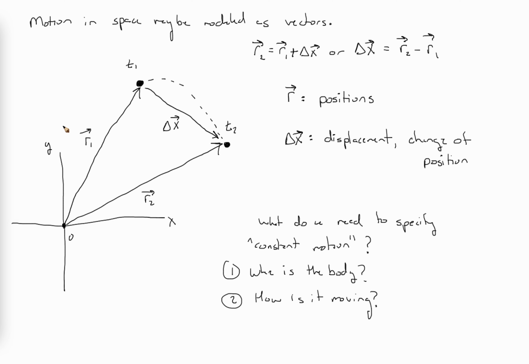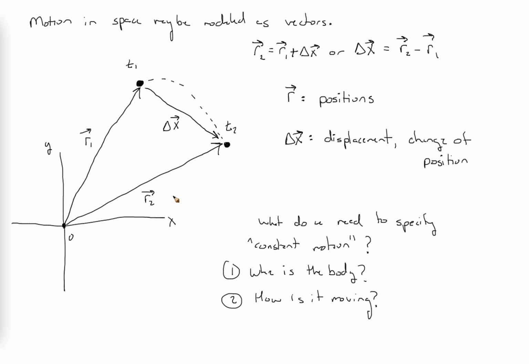But if we look really carefully, what we see is that if we take this vector, which I'm calling R1, this pointer to this spot, and add to it the displacement, which is the actual motion of the real body from here to here, that's vector addition. That's head to tail addition.